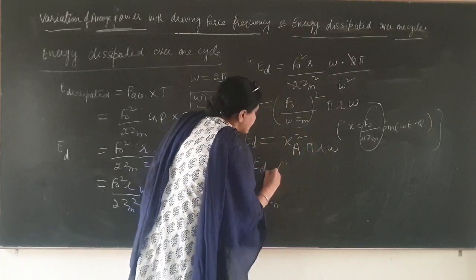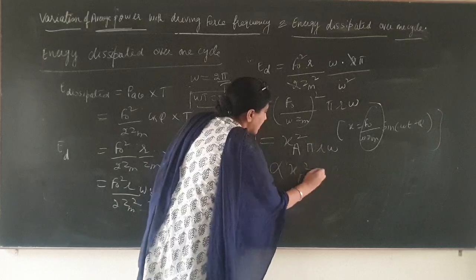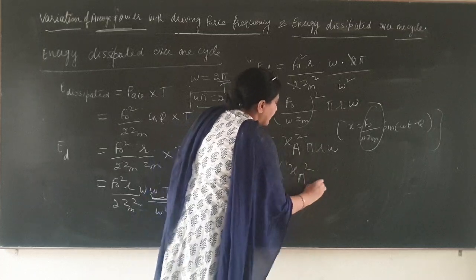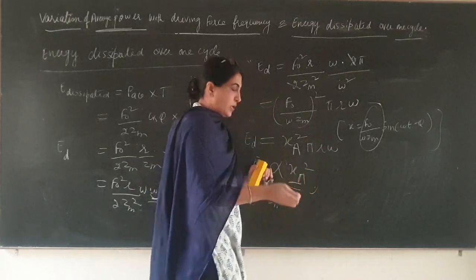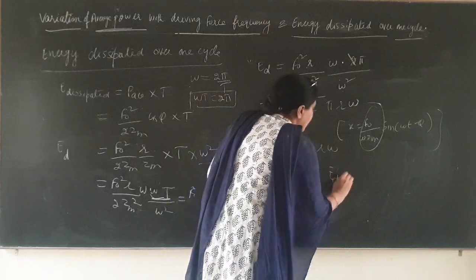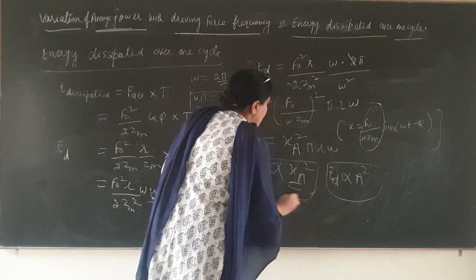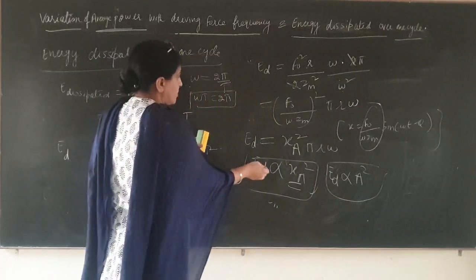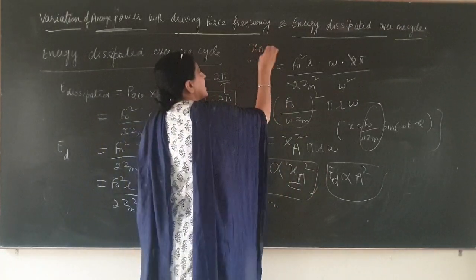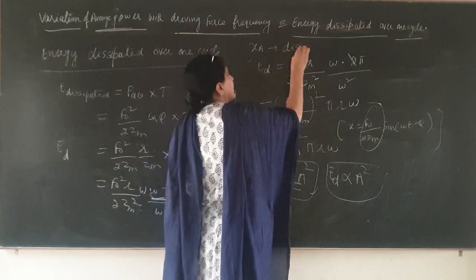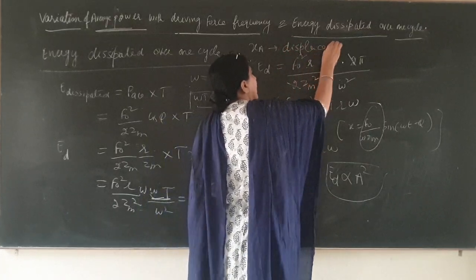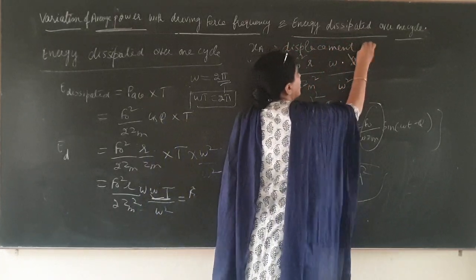Energy dissipated is directly proportional to xa square, where xa is the displacement amplitude, sometimes also called just amplitude.